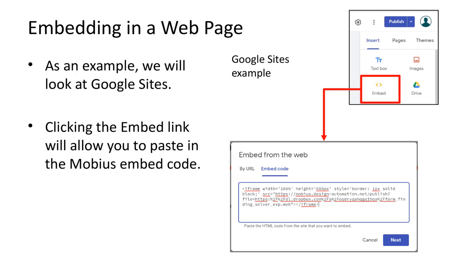For the website example, we will use Google Sites. Many other sites or blogging platforms provide similar functionality. In Google Sites, when you are creating your web page, there is an option to insert an embed code. The embed code generated by Möbius can be pasted into the Google Sites input box.